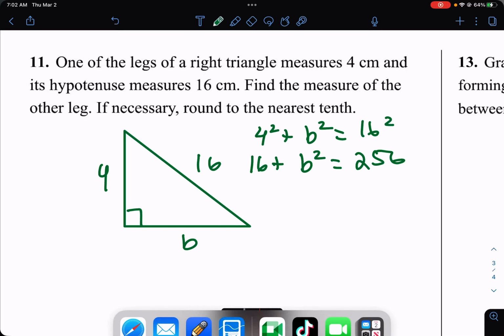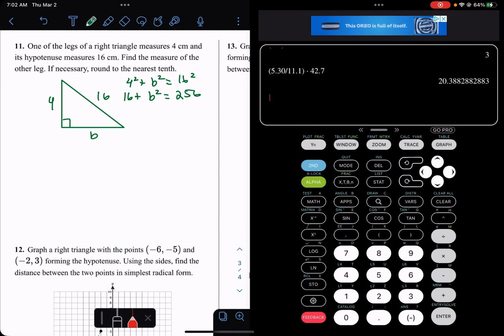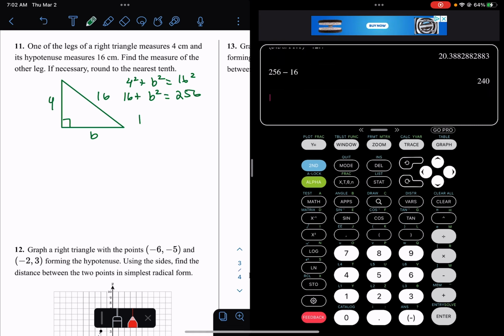I'm just going to use my calculator for that. 256 minus 16 gives me 240. So B squared equals 240. And then I'm going to take the square root of both sides. Again, with Pythagorean theorem, in this case, you don't have to do plus or minus. So keep that in mind. But anyhow, you end up with the square root of 240 is 15, and they want us to round to the nearest tenth, so we'll do 15.5.